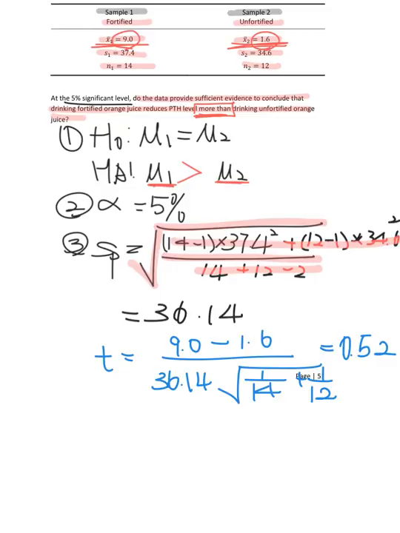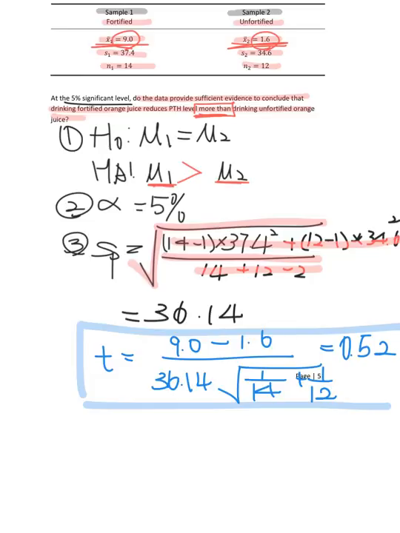The test statistic is 0.52. Now, we need a p-value. Step 4, p-value from t-table. How many degrees of freedom?